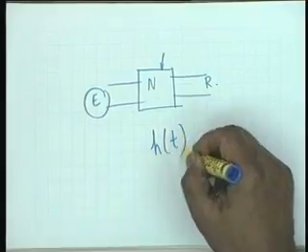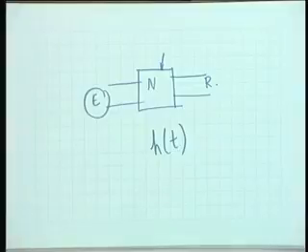You can do that, or you can have a gross description, that is a black box description or a terminal description. One of the terminal descriptions is the unit impulse response h of t.